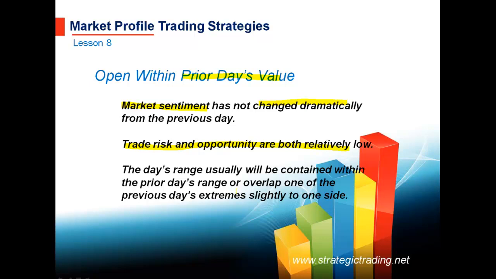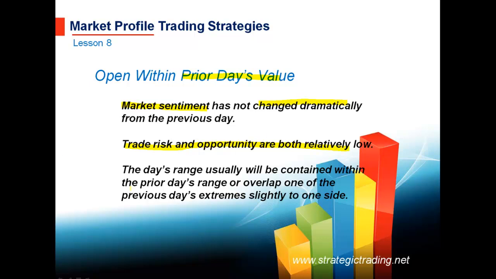And that's why the risk becomes relatively low. The opportunity is also low because, once again, we talked about the fact that if I'm going to do any trading, it is merely going to be for a very small, very tiny profit. I'm not really going to experience or witness strong directional moves in one direction or the other. Things are going to be confined to the value area.